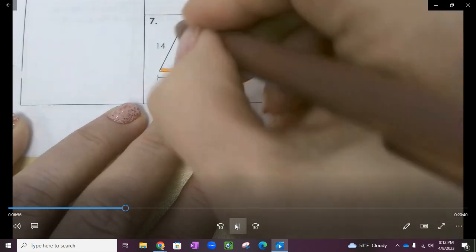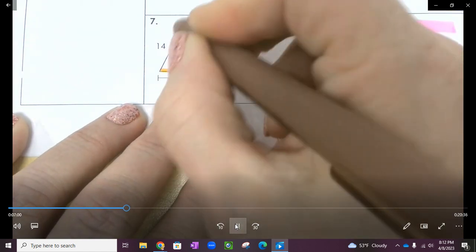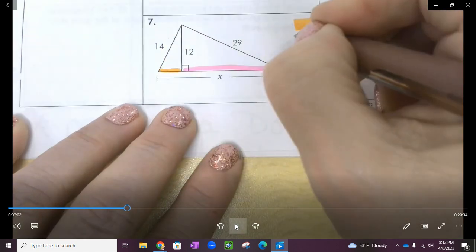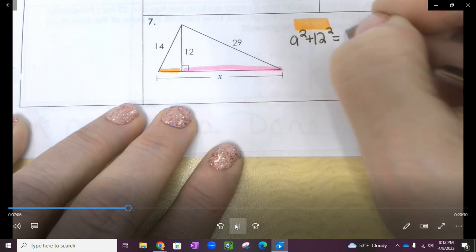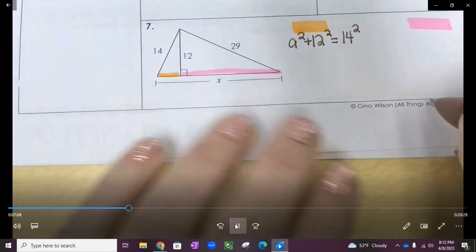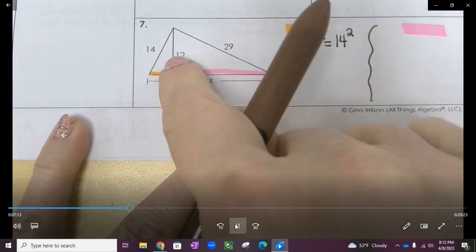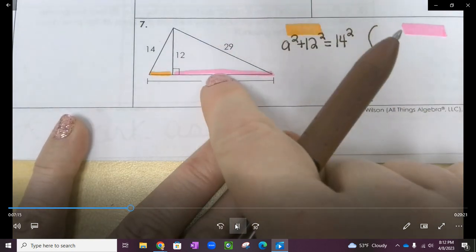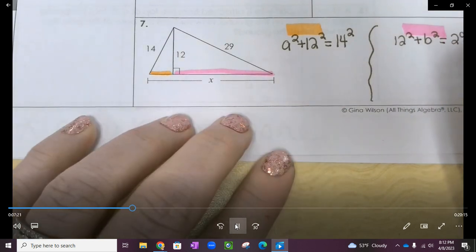Okay, so for the orange, this is your A, this is your B, or B and A, doesn't matter. This is your C. So it's going to be A squared plus 12 squared equals 14 squared. And then for the pink, it's going to be 12 squared plus B squared equals 29 squared.